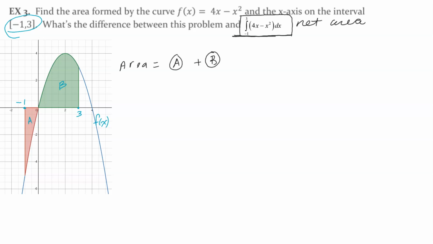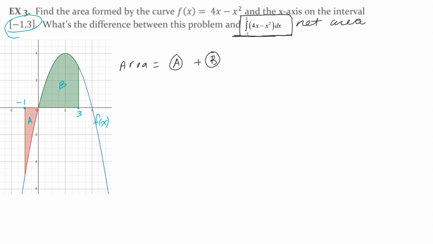So when we take the integral from -1 to 0, the answer is going to be negative, right? And region B is above the x-axis. So when you take the integral from 0 to 3, the answer is positive.